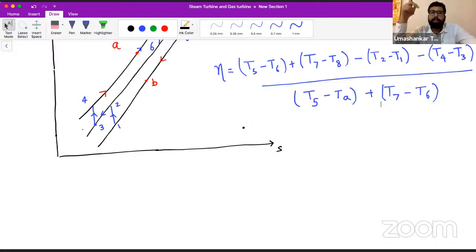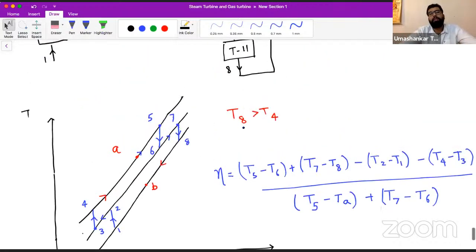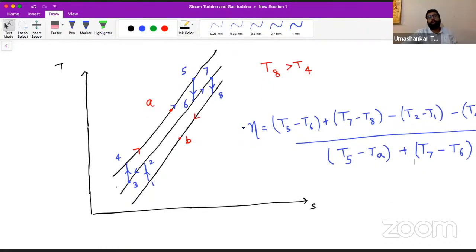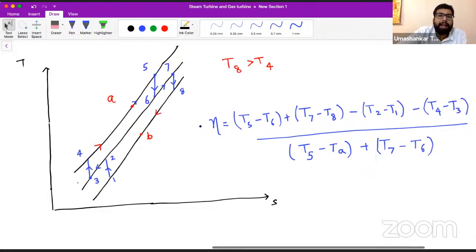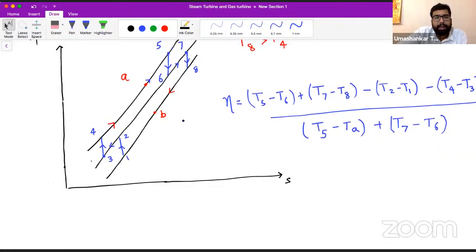Then we saw regeneration and its effects, then intercooling and its effects, then reheating alone and its effects. And now we have simply combined everything together and created a cycle in which everything is happening in ideal conditions.